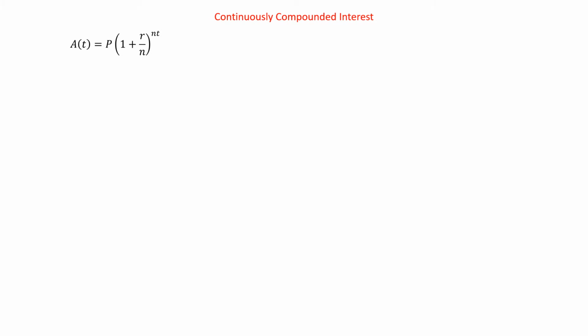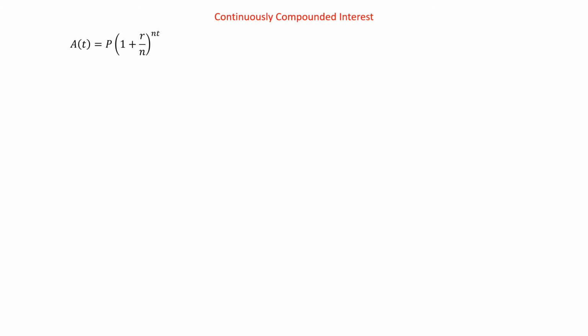So if it's compounded quarterly, that means it's compounded 4 times over the year, so we'd make N equal 4, and then T would be the number of years. It doesn't have to be years. You could do days, and if it's compounded hourly, N would be 24, and T would be in days. But generally speaking, with the applications we see, this is in years.